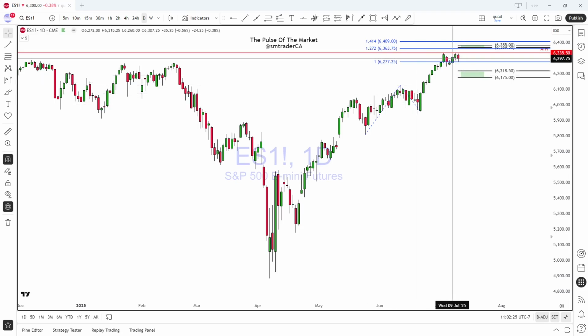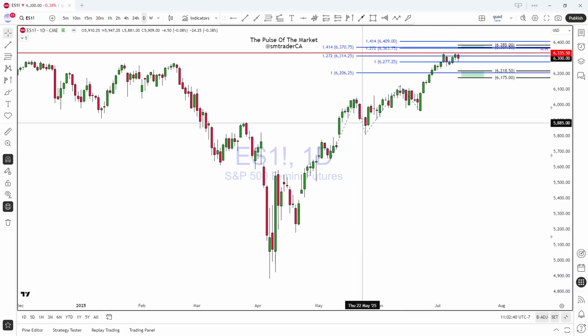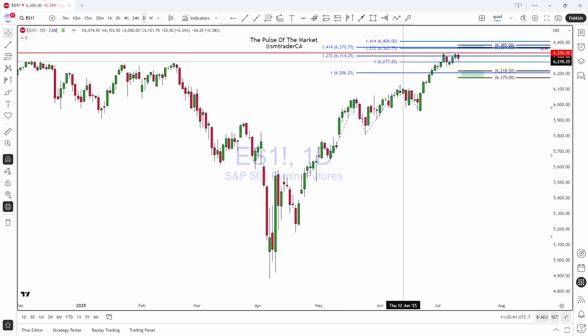So that is one set of market participants that might be trading off of this extension or this symmetry move, and they were basically targeting this 127 level. Then the other one we have is this symmetry move, and this one is projecting up here at 141 at 6370.75.